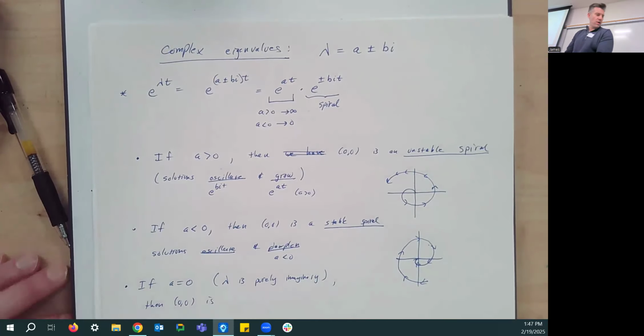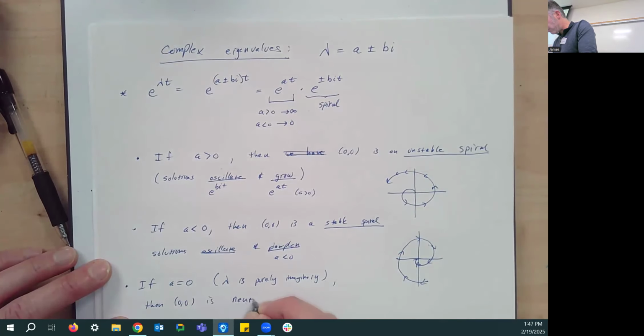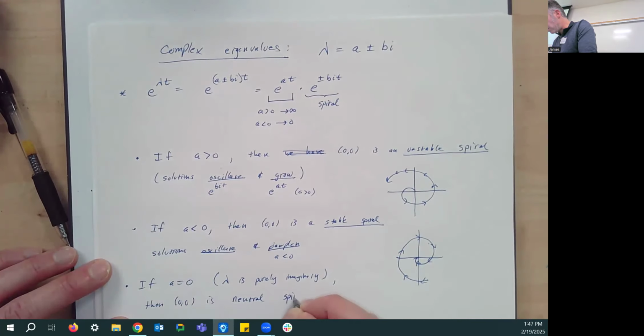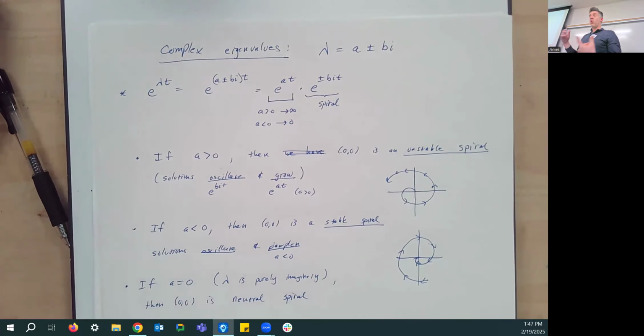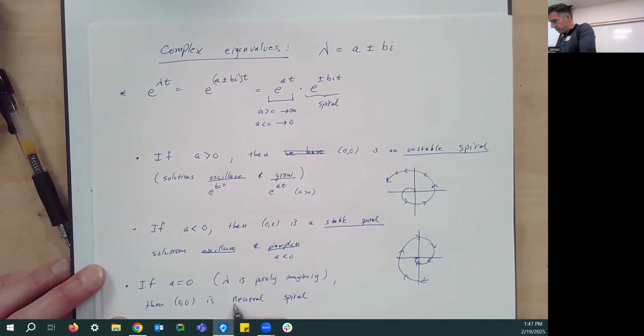It's called a center or a neutral spiral. Meaning it's not going to dampen or grow. It's just going to keep spiraling in the same loop. It kind of looks like a circle or an oval. So it's also called a center.